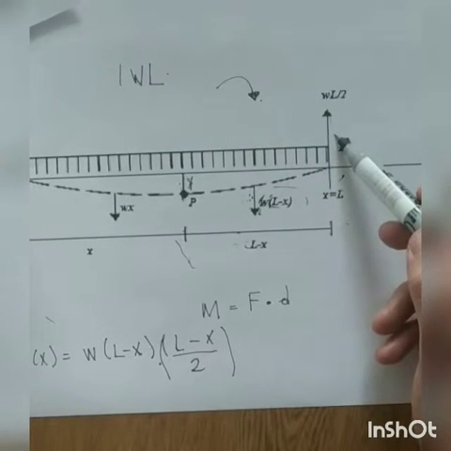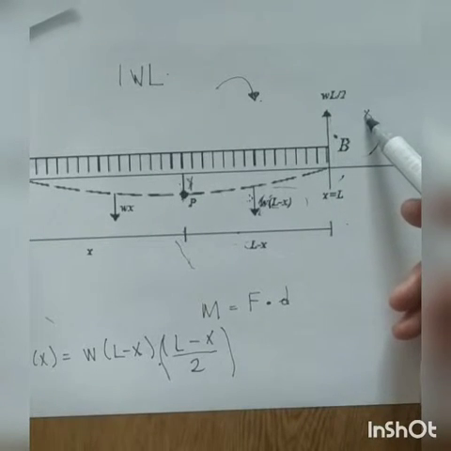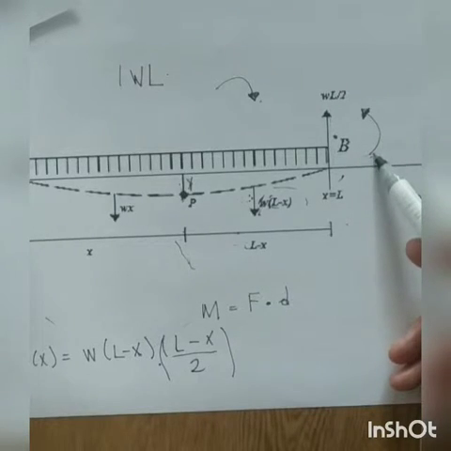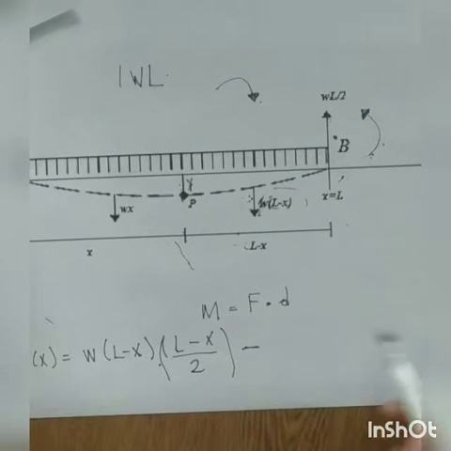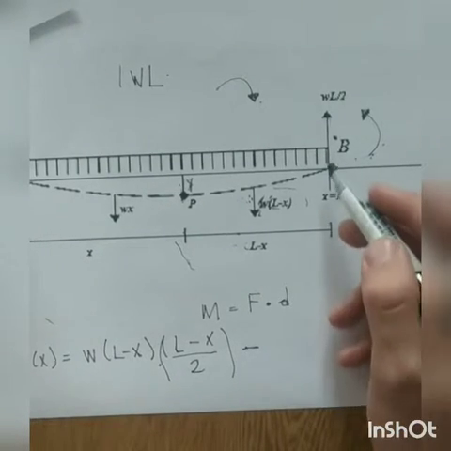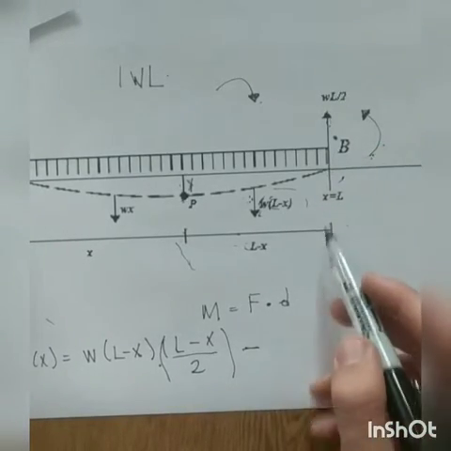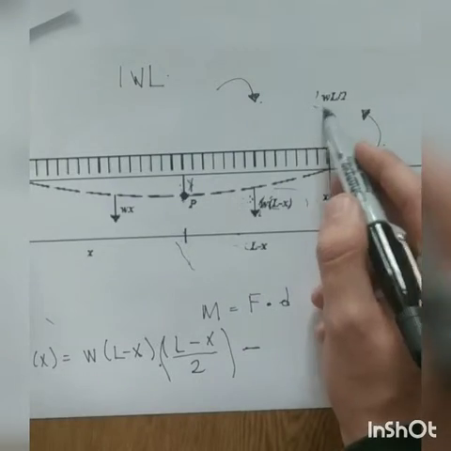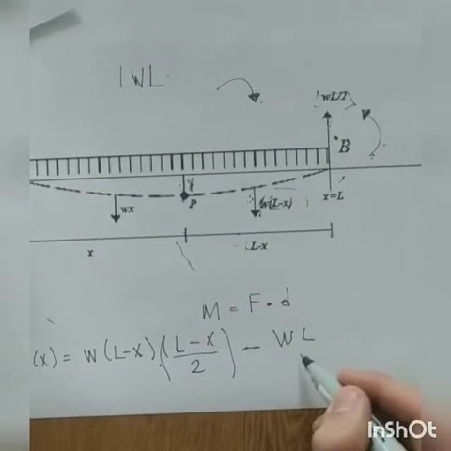This one, since it's being applied upwards, is going to create a momentum that is being applied in this direction. This momentum is negative for convenience, so we put the minus sign for the next momentum that we're going to have from this force, and we have that the force is the half of the weight of the beam, so we just need to replace here.